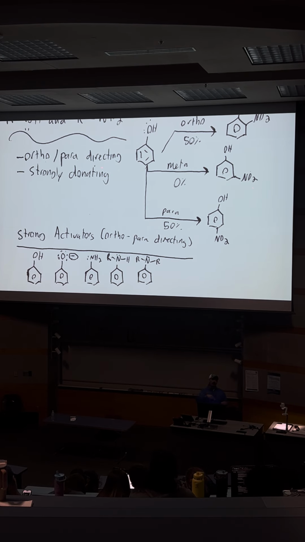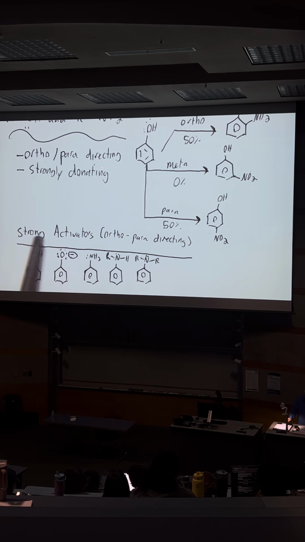Once we start putting that 3rd thing on, you're going to find that 2 of the groups already on there will start being ortho, meta, or para directors, and sometimes those can overlap. Then it's a matter of which one was the stronger director, and that determines where the 3rd thing goes. So it gets a little more convoluted as we add more and more things to the aromatic ring. I'm just pointing out this use of the verbiage strong activators, we're going to have to refer to that a little bit later.